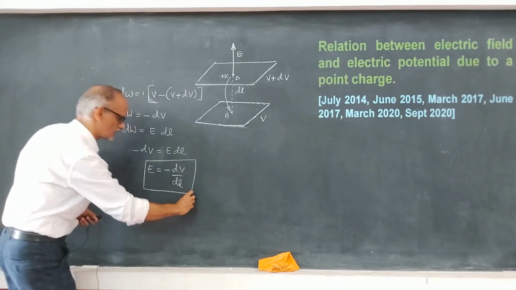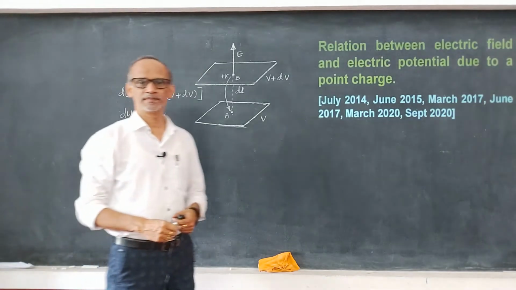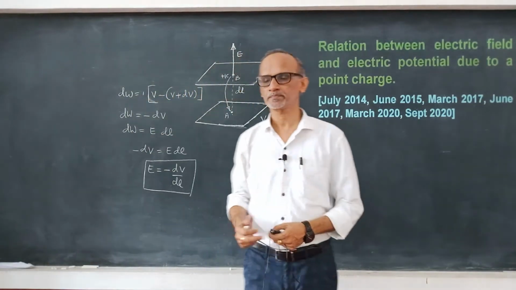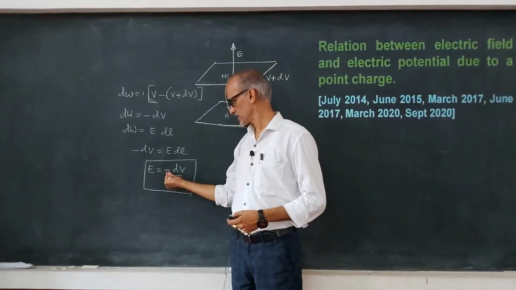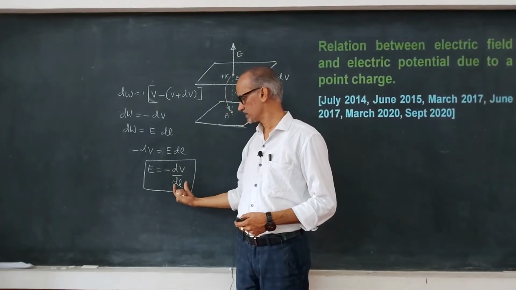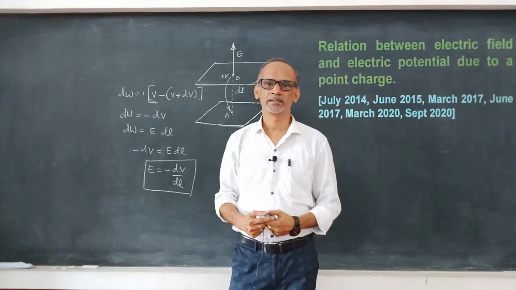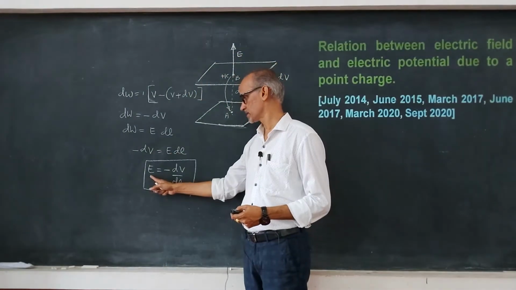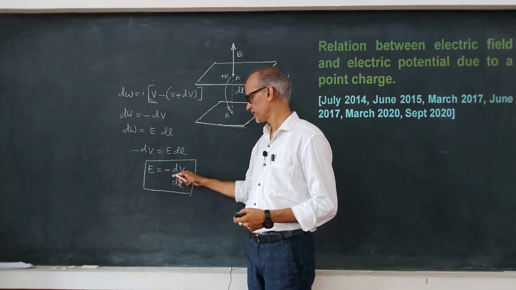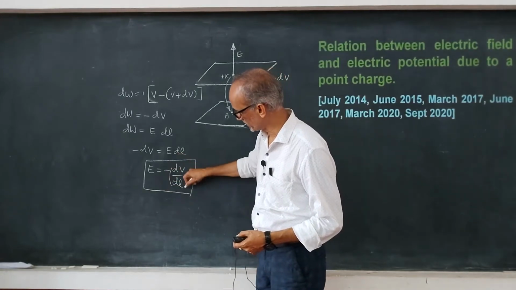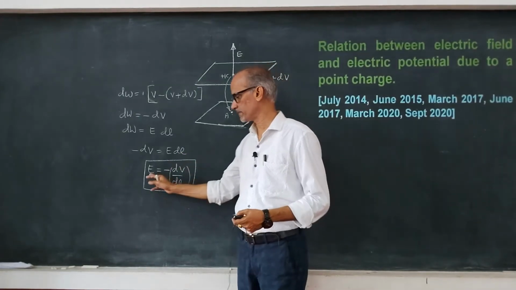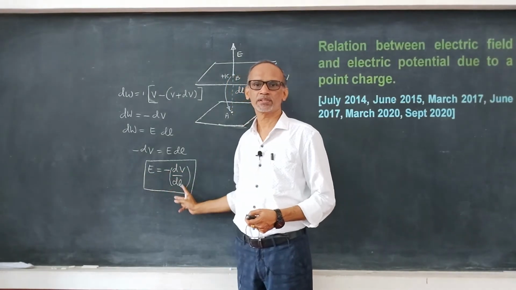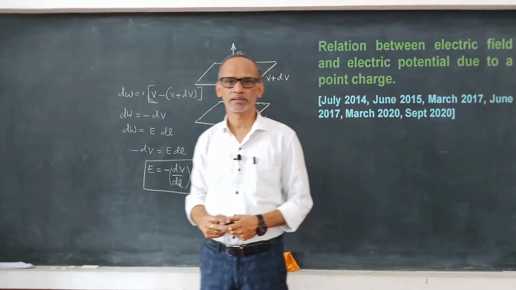This is the relation between the electric field and the electric potential. This minus dV by dl is called the electric potential gradient. Therefore, electric field is always equal to the negative electric potential gradient. Electric field is a vector, so electric potential gradient is also a vector quantity.